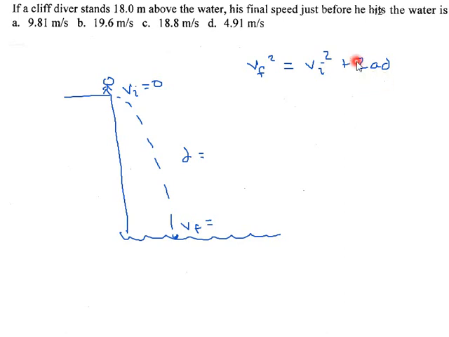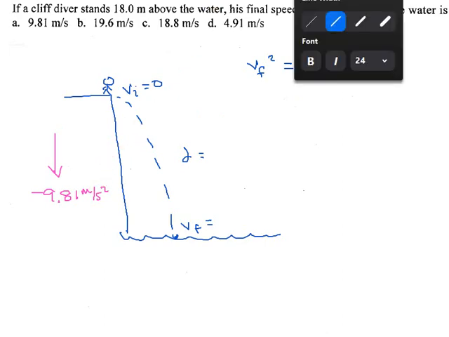Now, in a lot of questions, we've been saying that G is minus 9.81 because it's oriented down, and that's fine. And we can use that here. But in this case, the displacement is also down, so we should be giving our D as minus 18 meters, because they're both in the same direction.